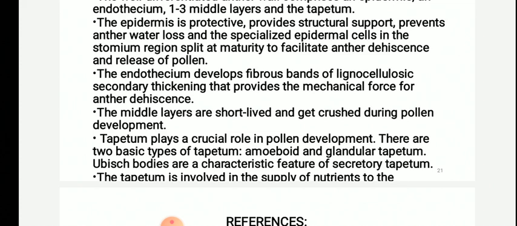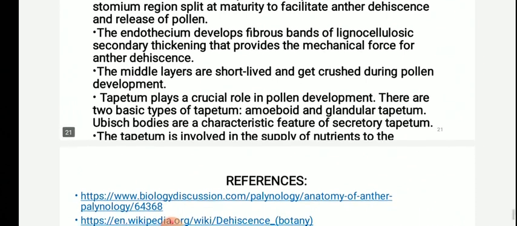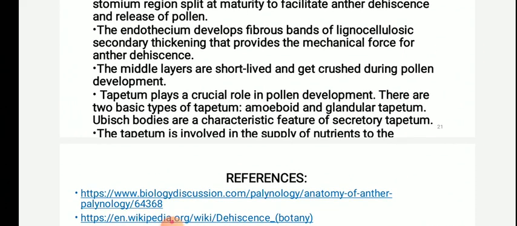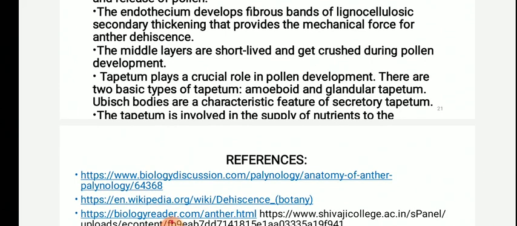Second layer is endothecium, which develops fibrous bands of lignocellulosic secondary thickenings that provide the mechanical force for anther dehiscence. Middle layers are short-lived and get crushed during pollen development, and tapetum plays a crucial role in the pollen development.